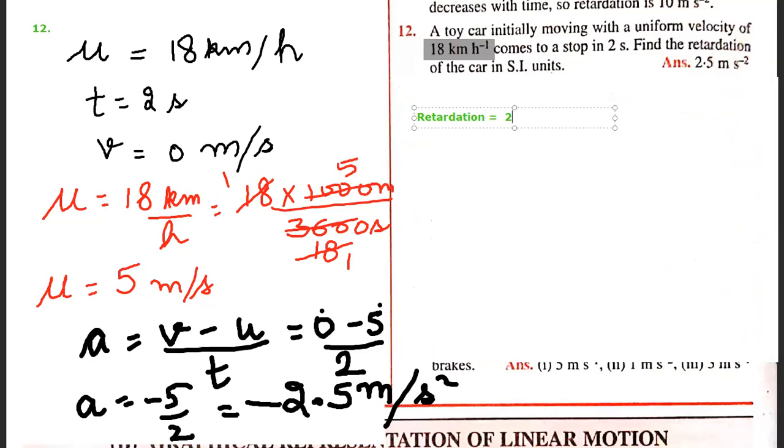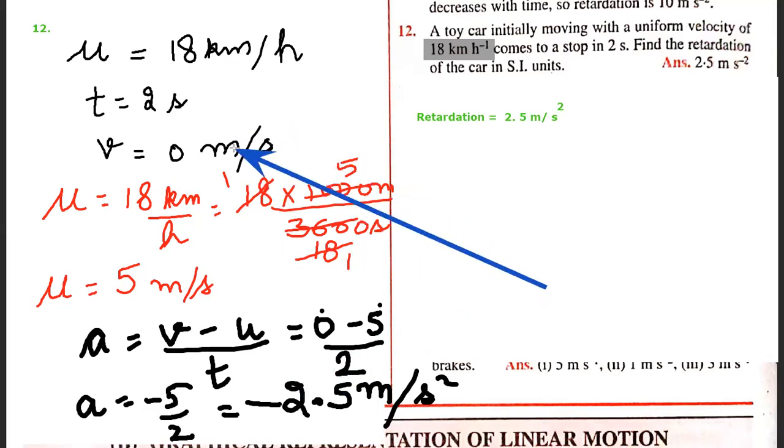So whenever your acceleration is coming negative, that means we are having retardation. But when we are writing retardation, kindly do not write the sign of negative along with it. See, what was my acceleration coming? My acceleration was coming minus 2.5.